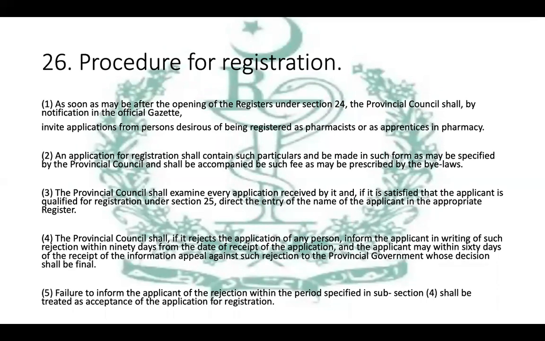If you are rejected, then you have an appeal period of 60 days, and you go for appeal. If they do not inform you that your application has been rejected within 90 days, it means the person has been registered where he has applied, whether for register A or B or C.